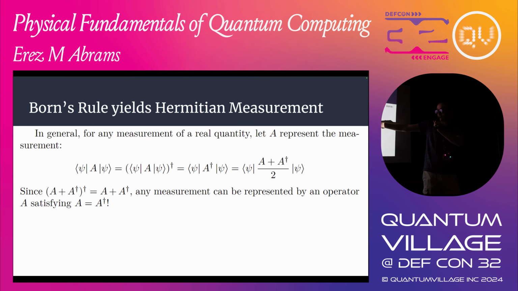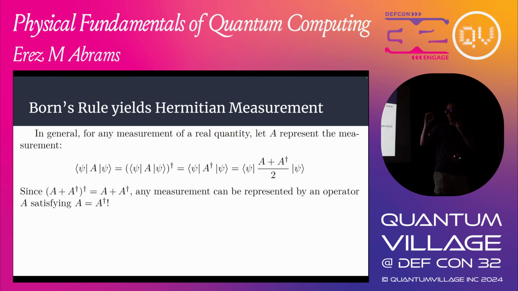And distributing out that conjugation, remember the conjugation turns a bra into a ket and vice versa. And we have to change the order of things. That's just a linear algebra rule. We get that we can conjugate transpose A. We can also take the average of those. And what this shows is that we can represent any measurement by an operator that satisfies A equals A dagger.